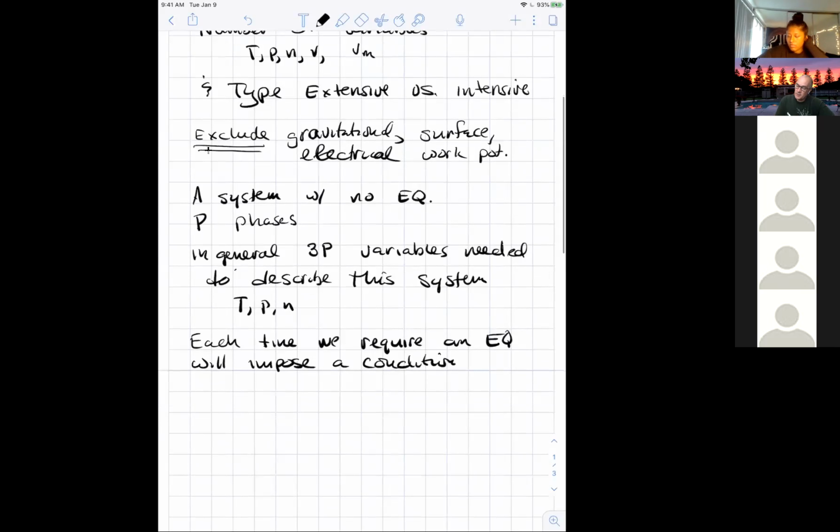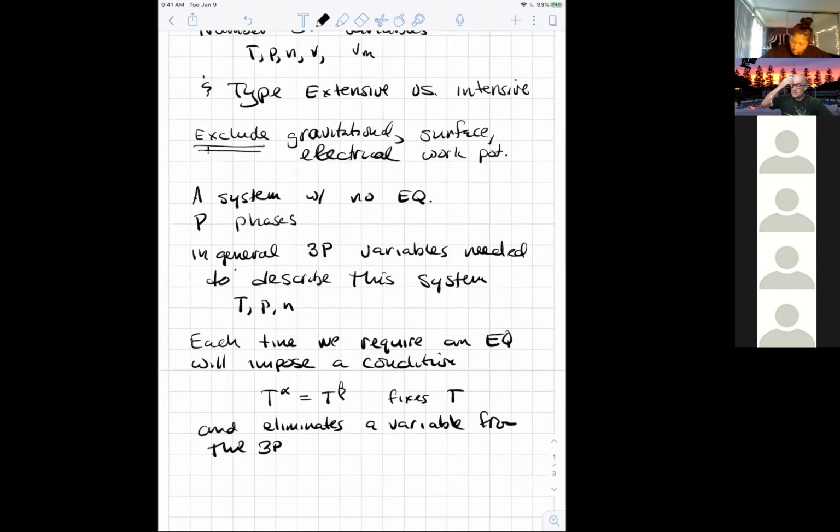So for example, if we say T of one phase equals T of another phase, this really fixes temperature and it eliminates a variable from the 3P that I've just mentioned, right?